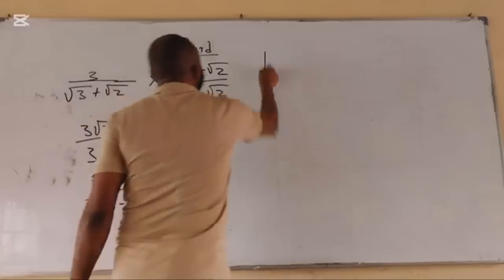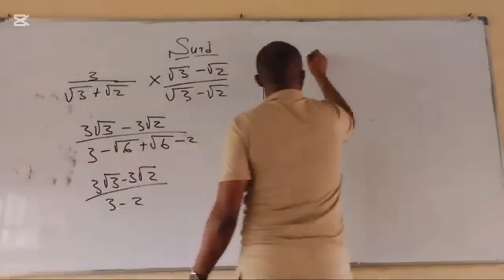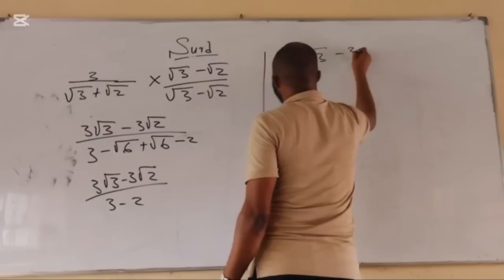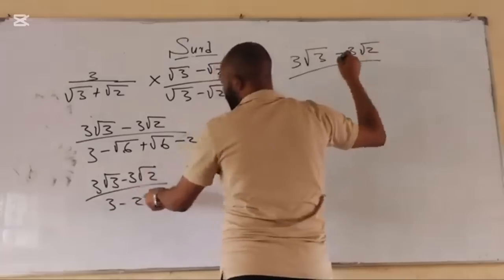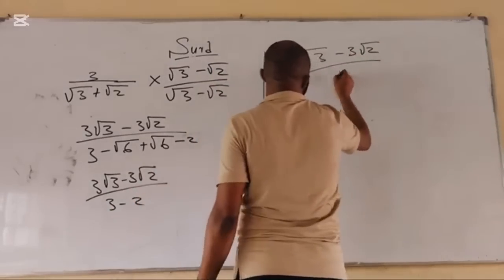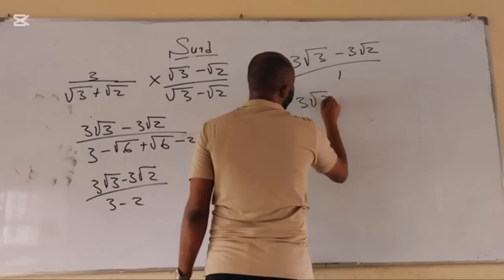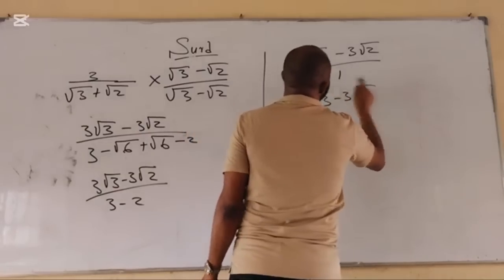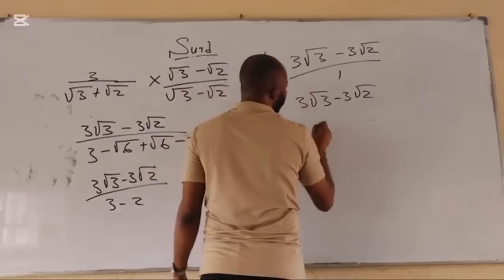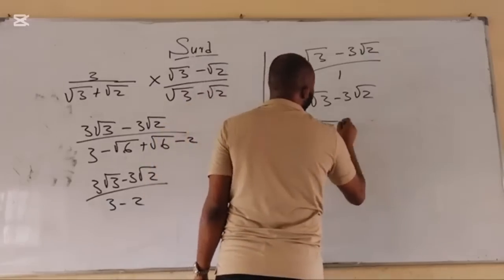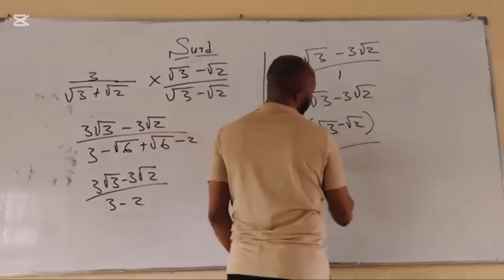So in that sense, I have 3 root 3 minus 3 root 2 over 3 minus 2, which is 1. I have two variables which are common. This is the same thing as 3 root 3 minus 3 root 2. Now, there is 3 here, there is 3 here. I can easily see 3 open brackets root 3 minus root 2.